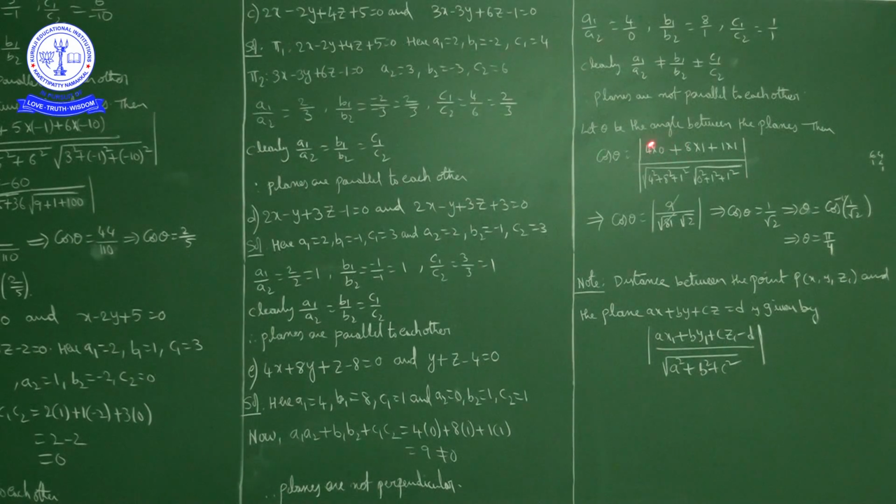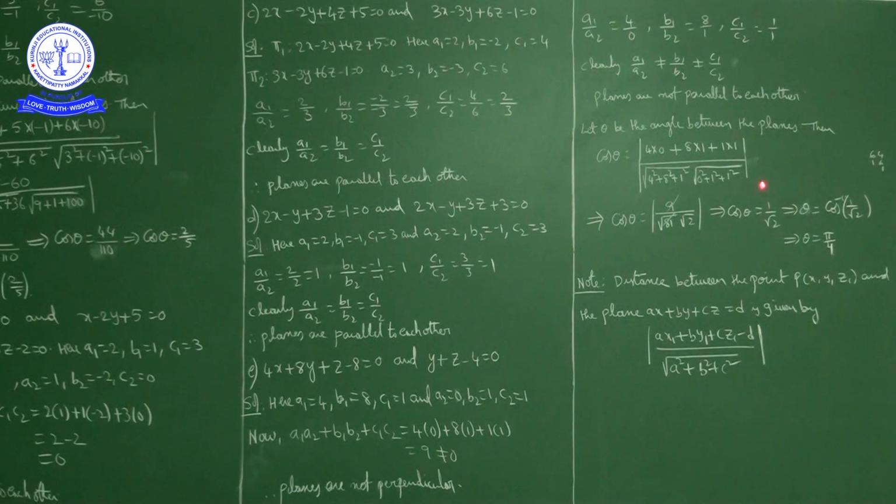The numerator is 0, 8 plus 1, which is 9. The denominator: 16 plus 64 is 80, 80 plus 1 is 81, so square root of 81 into square root of 2. Square root of 81 is 9, so the 9 in the numerator and denominator cancel.